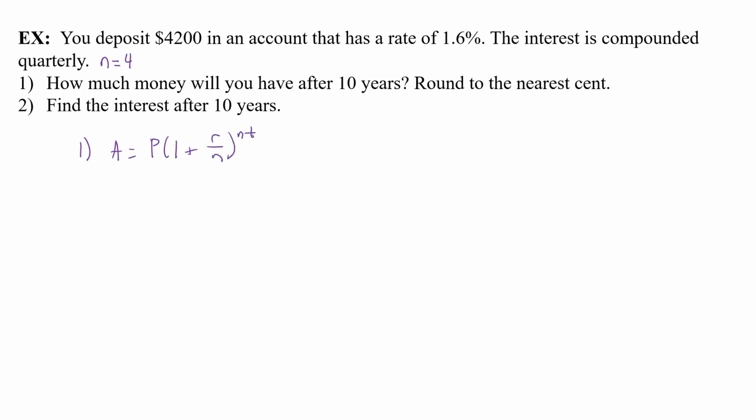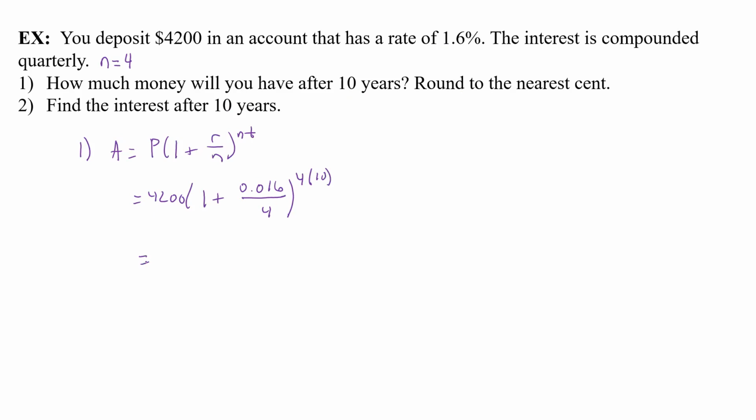P in this case is our $4,200. So we have 4,200 times (1 plus our rate of 0.016 as a decimal divided by n, which is 4), raised to the 4 times 10 years.